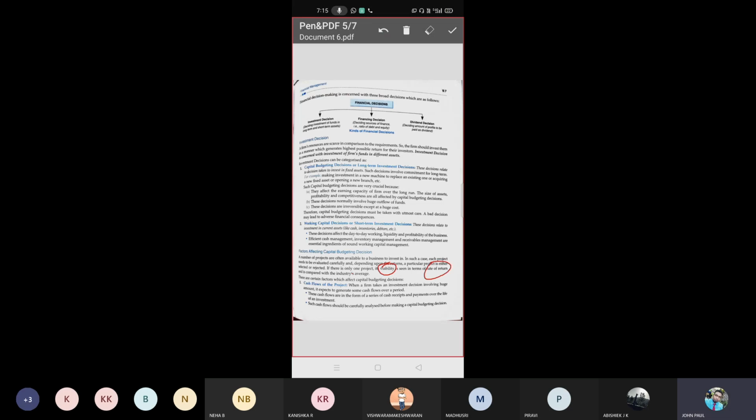Viability means the benefits it gives us. So what do we mean by rate? If we invest 1 lakh, how much return will we get per day? How many days will it take to get back that 1 lakh? We need to compare, we need to study, and finally we need to get into the investment.